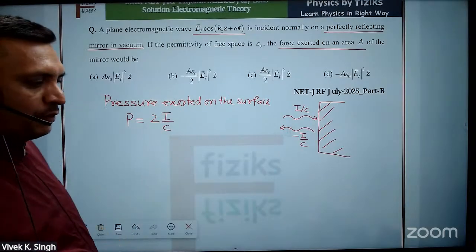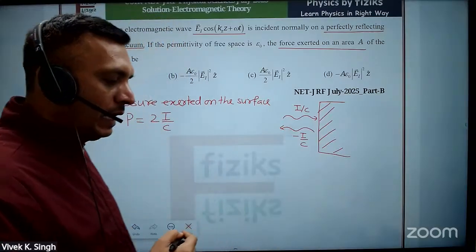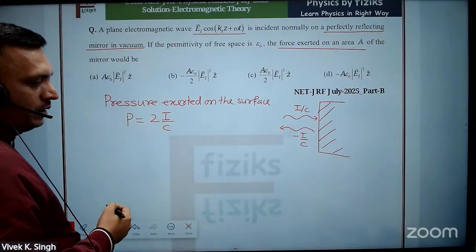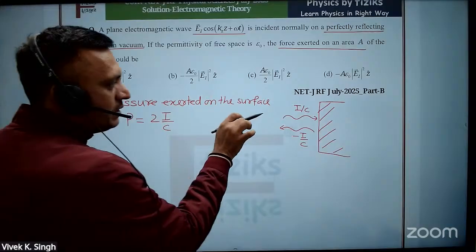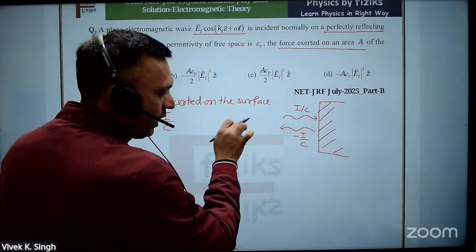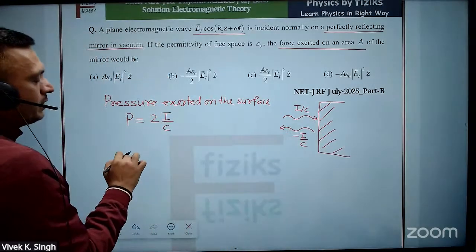If it is perfectly absorbing, then it will be I by C, because in this case the change of momentum will be twice. That's why you are getting twice I by C.